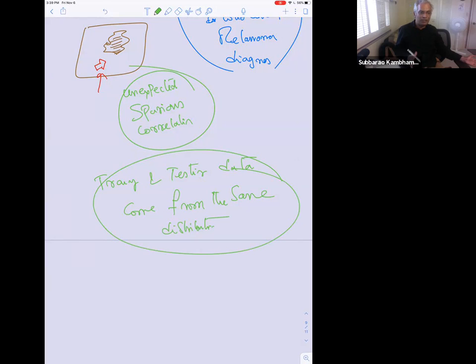Except this distribution, unbeknownst to you, had this really, really crazy spurious correlation. You may not have noticed it, but your system will notice it because all it is doing is trying to minimize the error. It doesn't care whether the hypothesis it is generating makes any semantic sense in the real world of medicine.